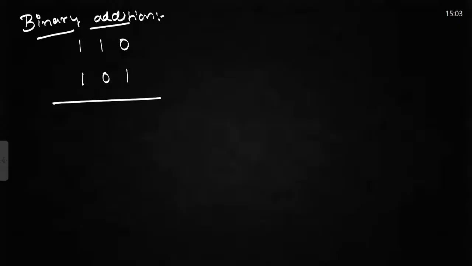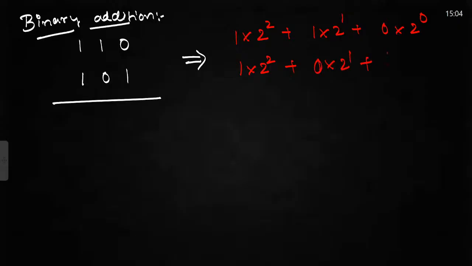The first number means 1 into 2 power 2 plus 1 into 2 power 1 plus 0 into 2 power 0. Similarly, this is 1 into 2 power 2 plus 0 into 2 power 1 plus 1 into 2 power 0.